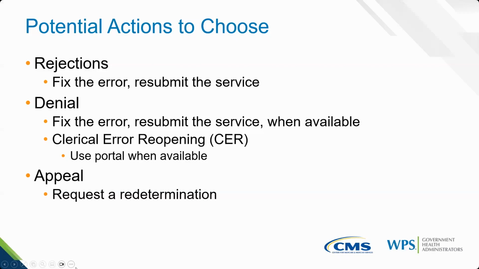Our portal user manual is available on our website. I have a link to it a little bit later on in this presentation or in your materials. It provides illustrations and step-by-step directions to use both of these portal features, as well as the other various functionalities of our transactional portal.